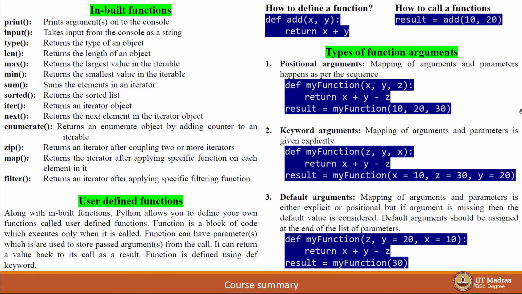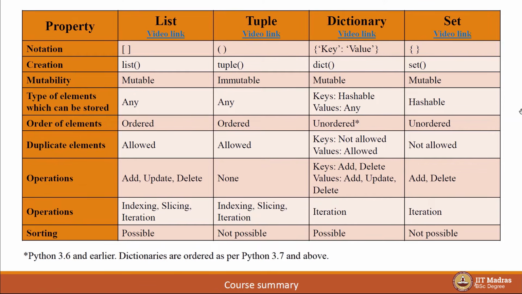Moving to next concept, which is collections in Python, as in data structures in Python. We saw 4 different types of collections in Python: list, tuple, dictionary and set. And this particular table provides the brief overview of all these 4 collections in Python.